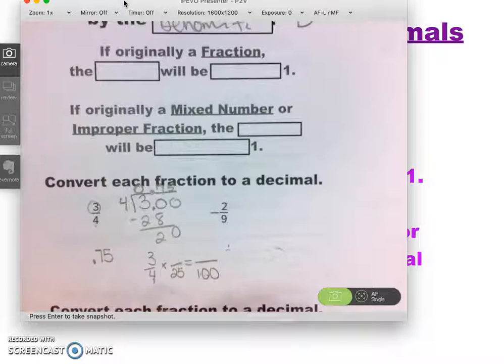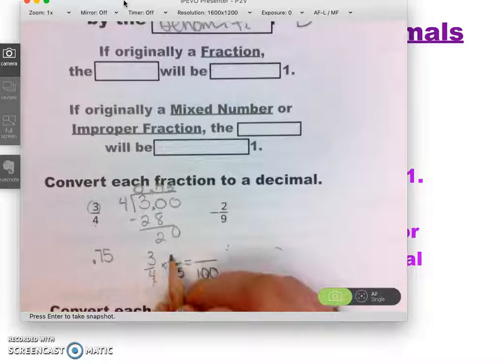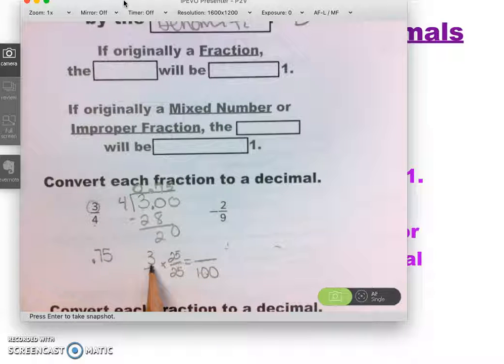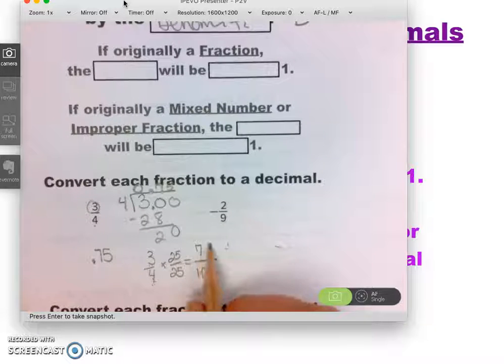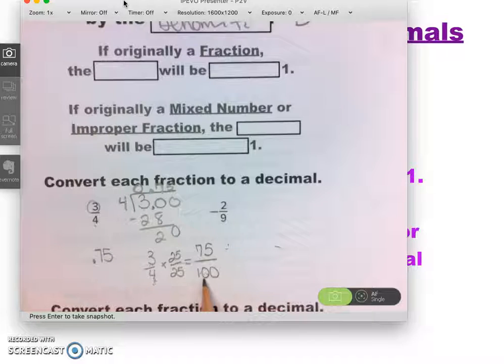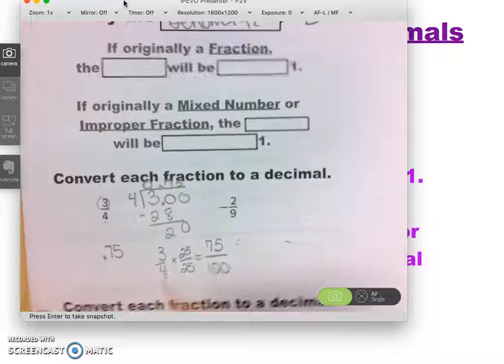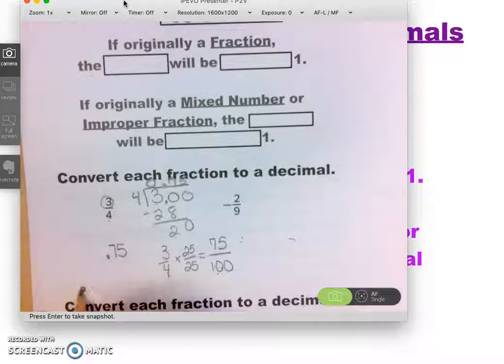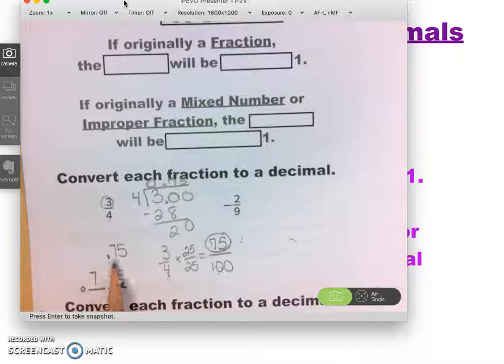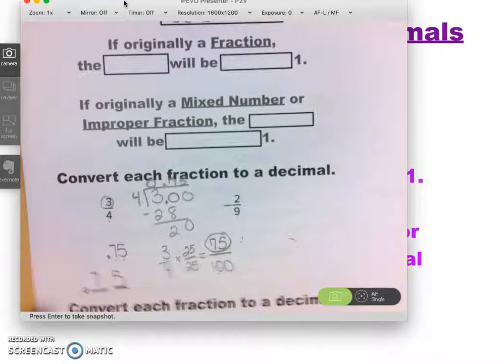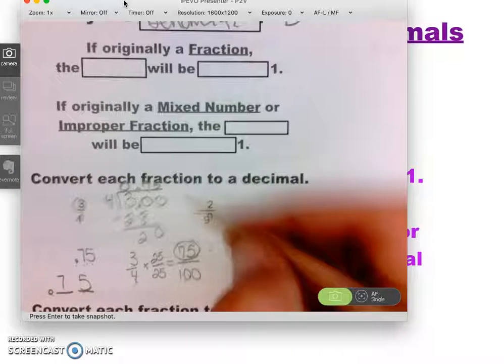If I do something to the bottom, I have to do it to the top. So I'm also going to multiply that top number by 25, making it 75 over 100. Just say it: 75 hundredths. Hundredths is 2 decimal places. And then I'm going to put that 75 right in here, just like here, 0.75. And I know I shouldn't say point, it's just easier when we're doing it.